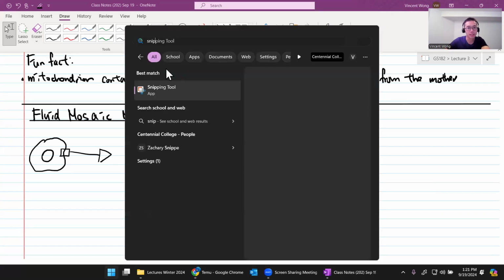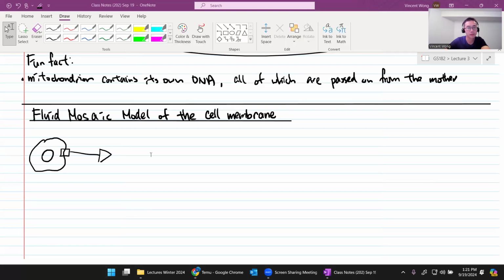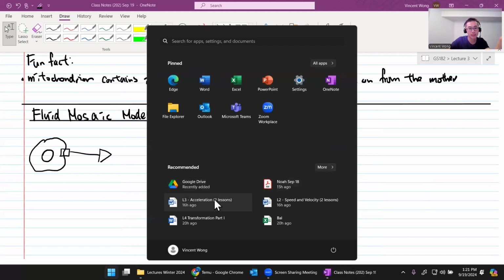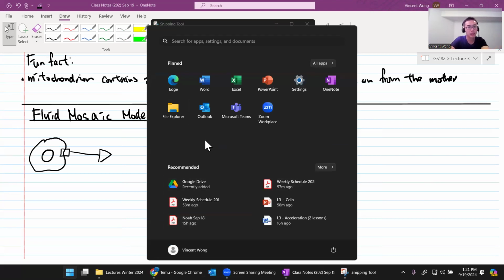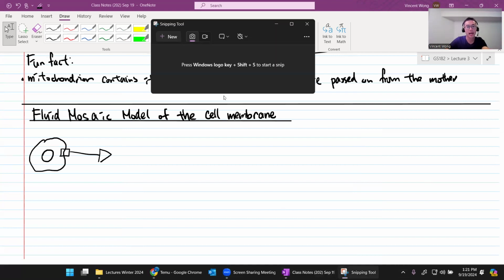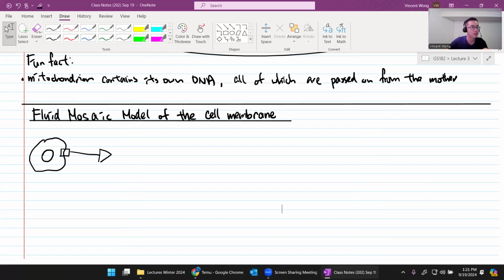Now you have to understand that the cell membrane is three-dimensional. When we draw it, it's going to look 2D because that's easier to draw, but keep in mind that it is 3D.